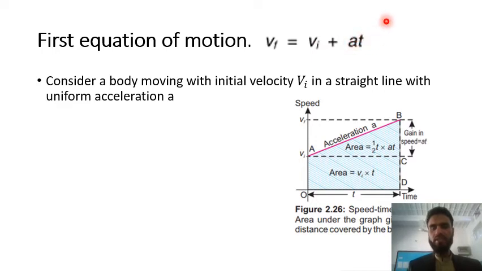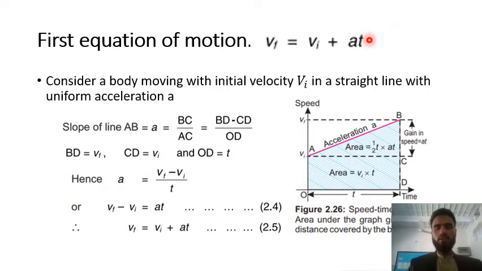acceleration and time. So it means we have the relation between final velocity, initial velocity, acceleration and time. For this, we know that the slope of the speed time graph gives us acceleration.